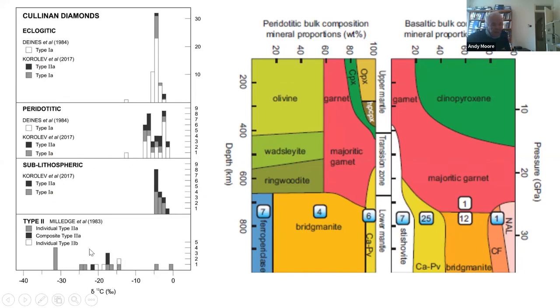They have light carbon isotopic signatures biased towards carbon-12. In each of these associations, the black symbols are nitrogen-free diamonds. So in each of these three associations, they're nitrogen-free and by definition clipper diamonds.